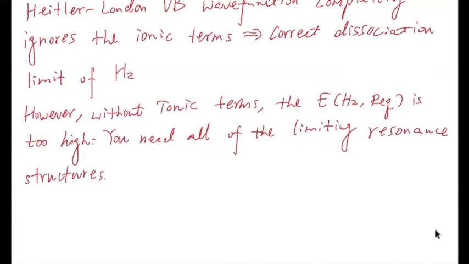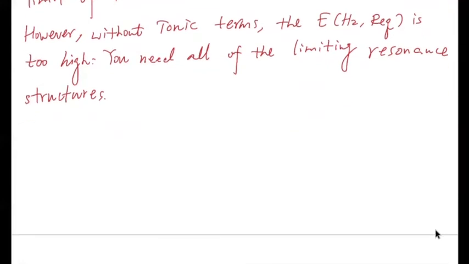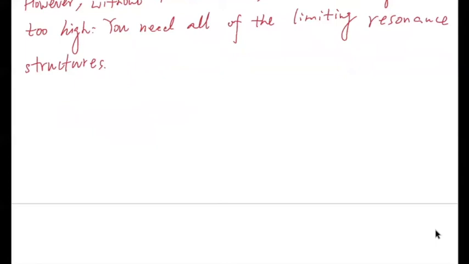Because there is some probability of finding both electrons near the same nucleus, with one spin up and one spin down. So naturally, what is a better trial wave function? A better trial wave function will include the ionic covalent resonance.